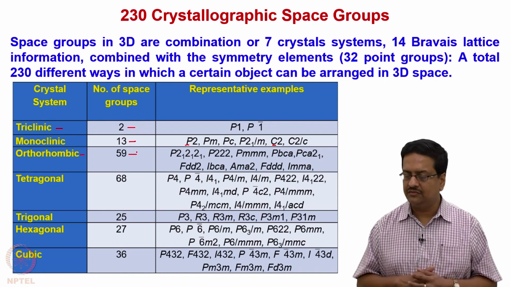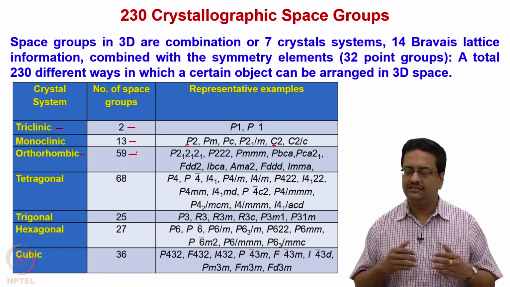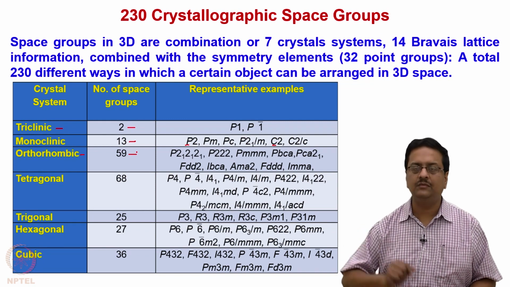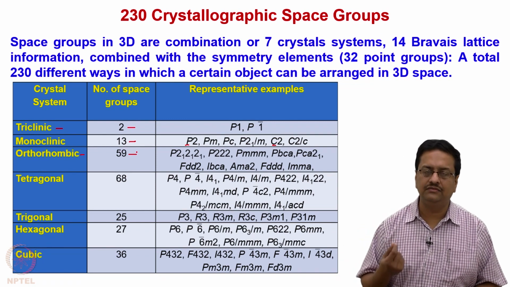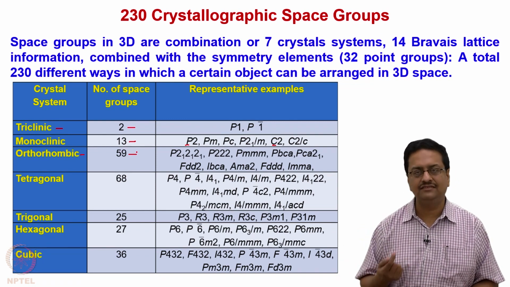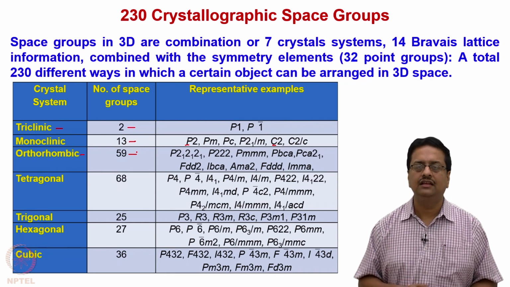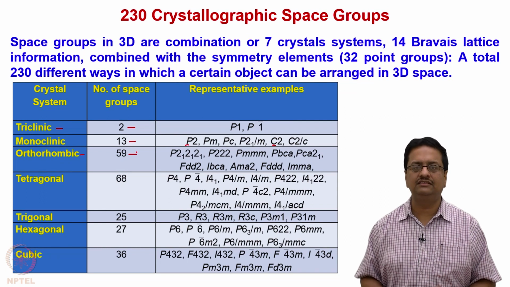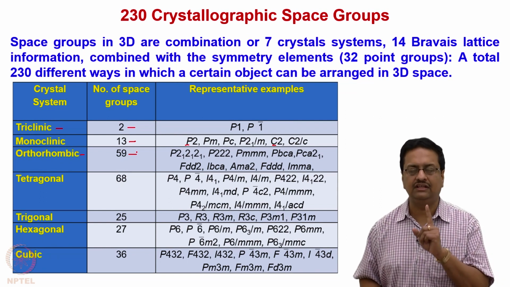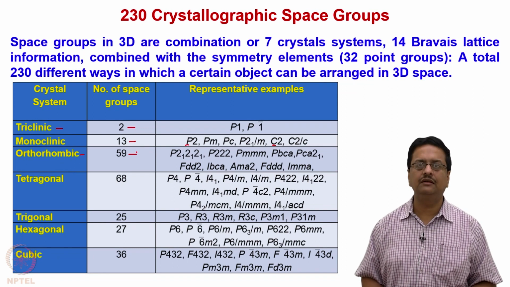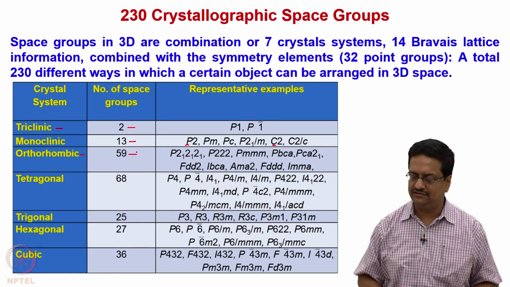And then in orthorhombic system you can see the symmetry elements are 3 in number. The first symmetry element that we see, whether it is a simple axis or a screw axis, if it is an axis, it is parallel to x-axis. If it is a mirror plane, it is perpendicular to x-axis.